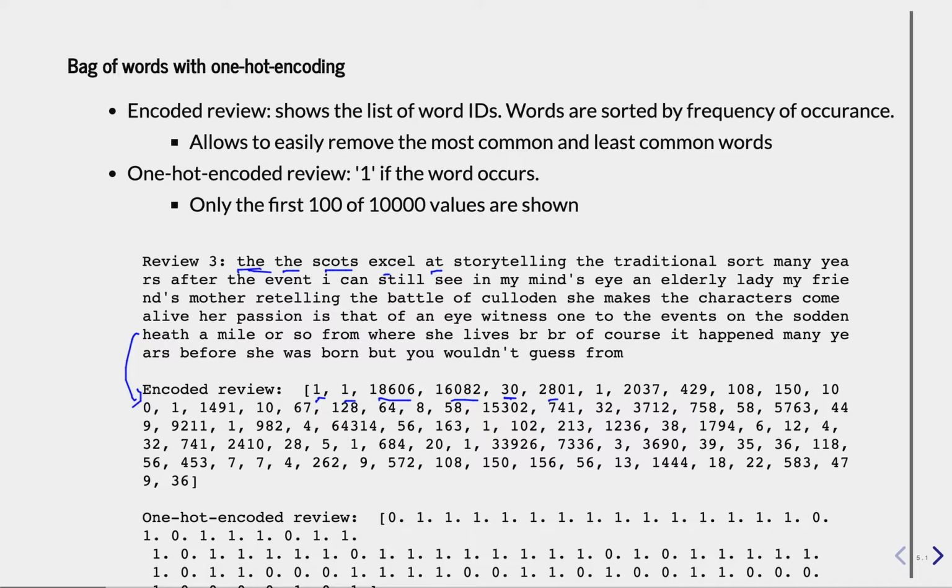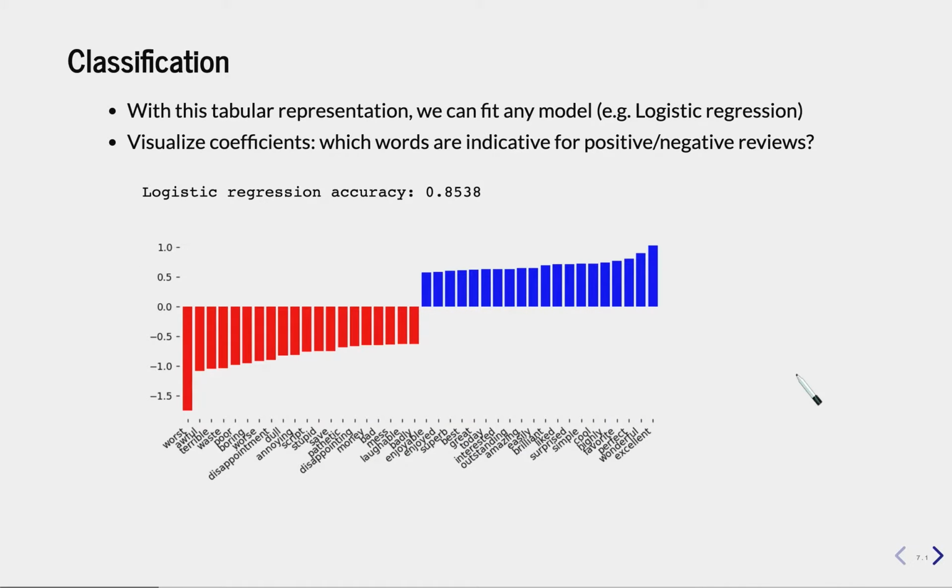Now we represent this in a bag of words representation, which means that we will put a 1 if the word occurs, right? So the word the occurs, the second most common word occurs, and so on. So now we can already start building classification models.